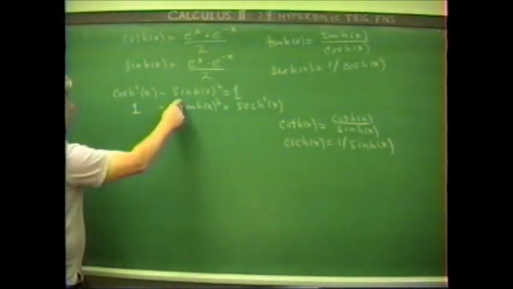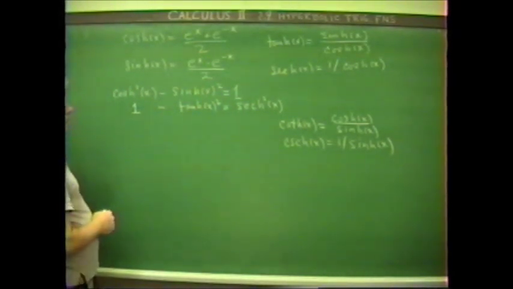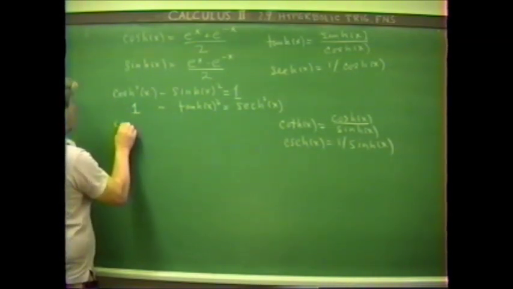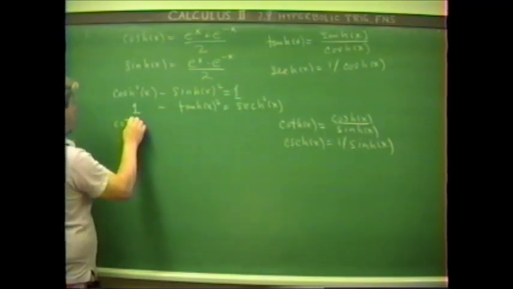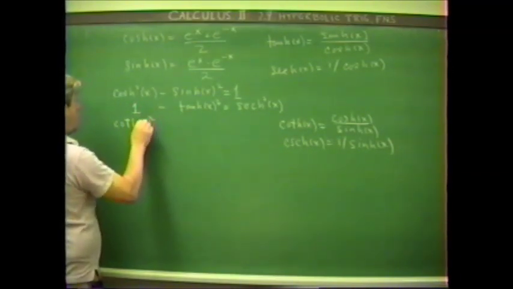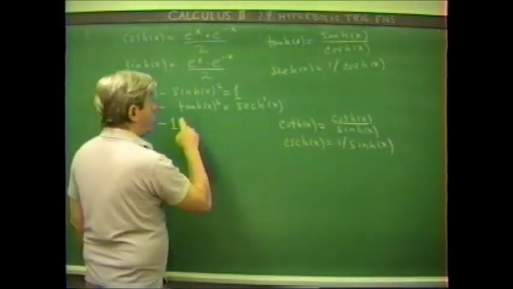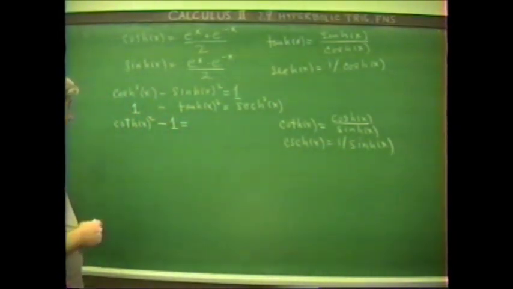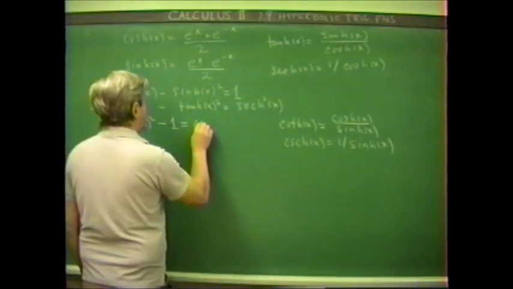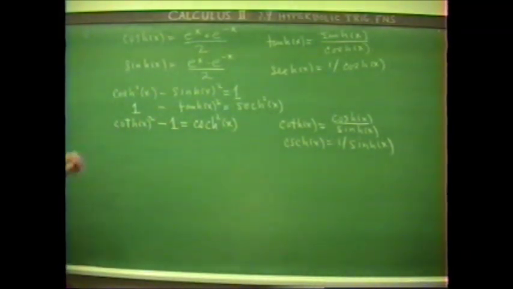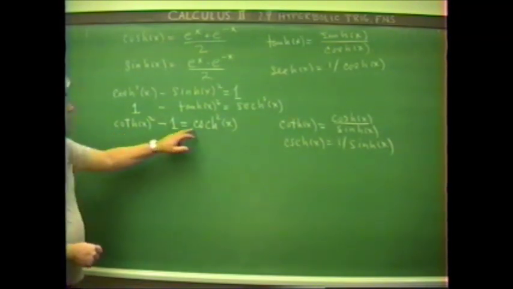And now dividing this through by hyperbolic sine squared, we're going to get hyperbolic cotangent squared minus 1 equals 1 over hyperbolic sine squared, which is hyperbolic cosecant squared. So here's a similar relationship for the hyperbolic cotangent and cosecant.